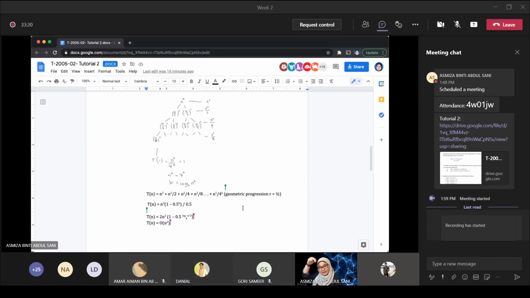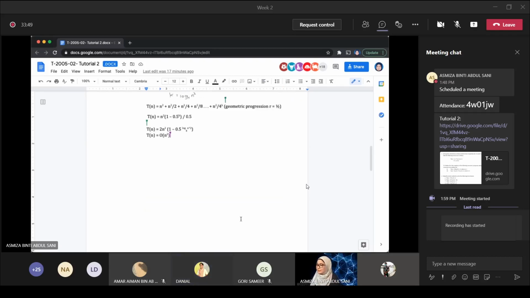You have the height and you also have the total cost for all the leaves at the last level. The n squared over 2 to the power of k is actually the cost of all the work that is being done at the last level. Okay, got it.